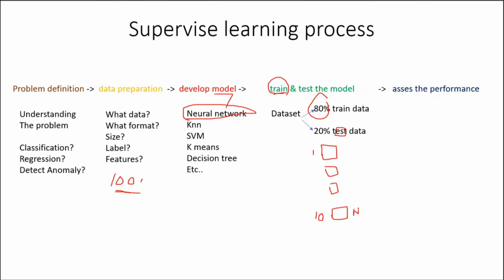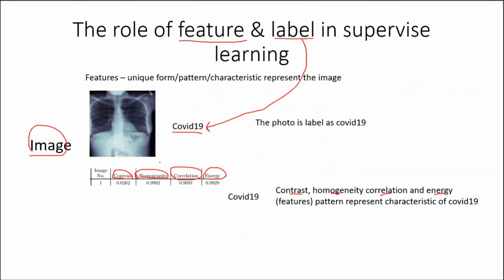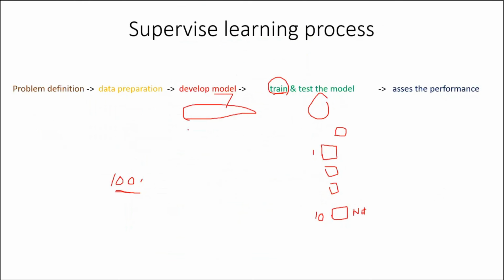Then we look at the label, and the label says this is COVID-19. So the model made a wrong decision, because the model predicted this image is not COVID-19, but our database says it is labeled as COVID-19. So the prediction is wrong.